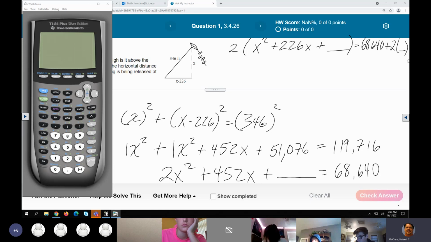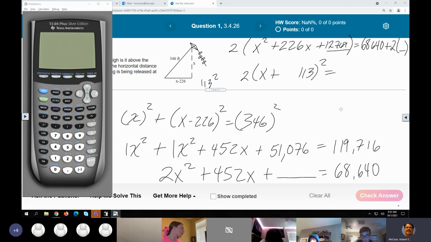Somebody give me 113 squared, please. What's 113 squared? 12,769. And that's going to be 2 times x plus 113 is equal to, and this is 12,769.